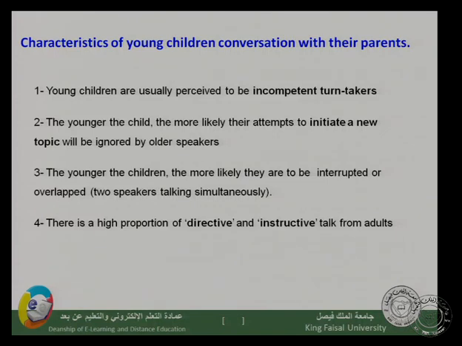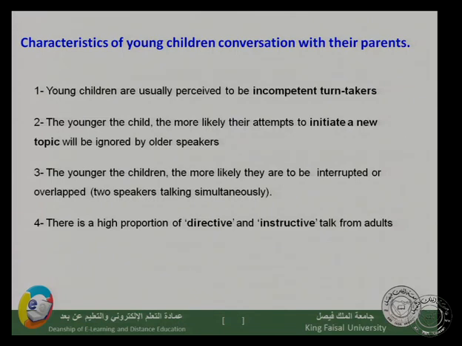Young children are usually perceived to be incompetent turn takers. So usually in a conversation, somebody speaks, then another person will take a turn. So it is not only one person who speaks in a conversation, everybody needs to participate, everybody has a turn to say one sentence or two sentences.